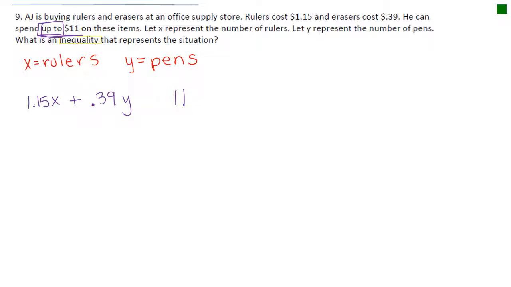He only has $11 to spend. So it can be less than $11 or it can be exactly $11. Therefore, our inequality is less than or equal to 11. And that's our inequality for number 9.